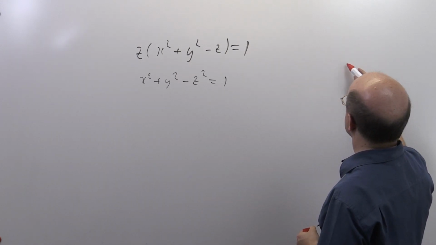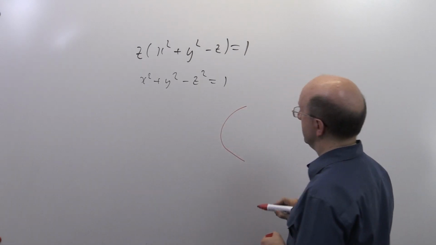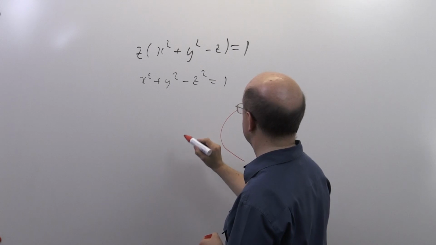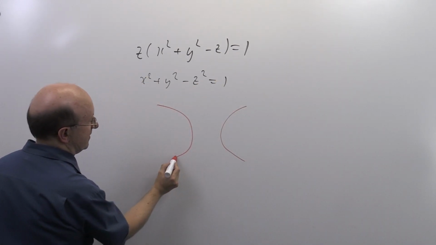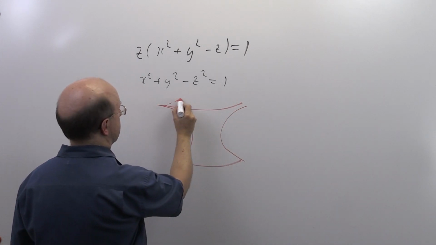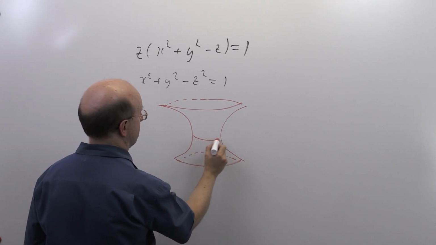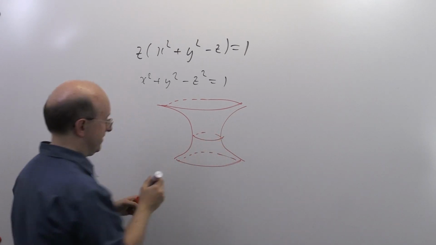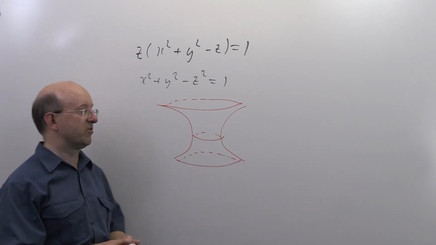So the profile curve, let's put it here, shall we, is a hyperbola, and then you've got to draw a hyperbola on the other side. And then the usual rotation sort of thing. Oh, that should be solid, shouldn't it? This is the one that should be dashed. And then you've got a curve around there. And then you'd put your axes in, and you get your hyperboloid of one sheet.